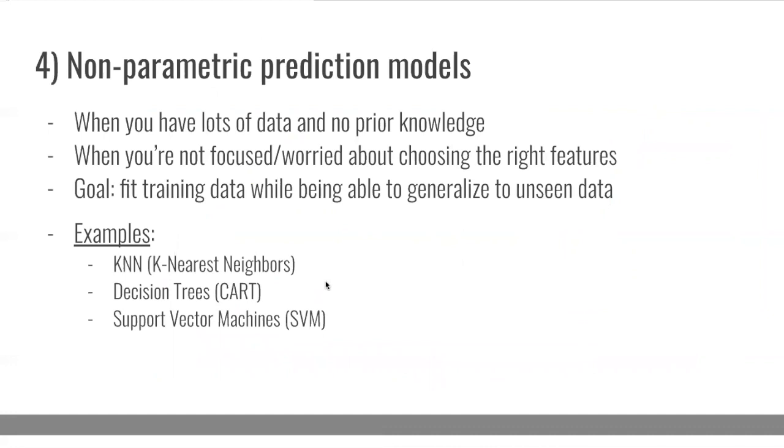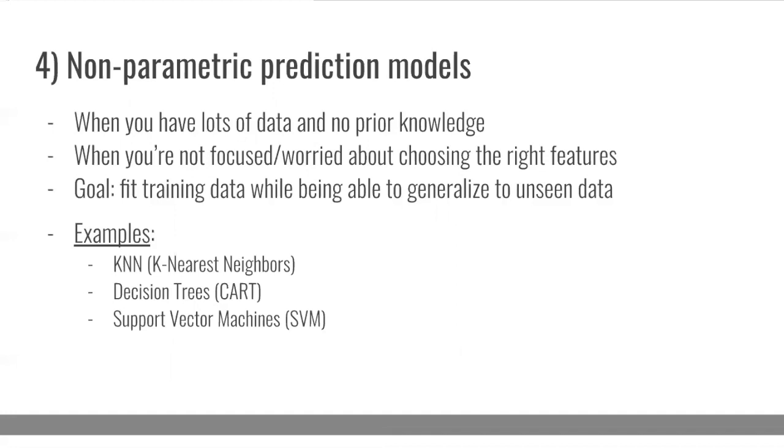The last approach that I want to introduce, when we're just starting to talk about non-parametric models, is that when you have lots of data and no prior knowledge, you might want to consider non-parametric approaches to prediction. We talked about linear regression previously, and that has to do with when you understand the distribution of the data.